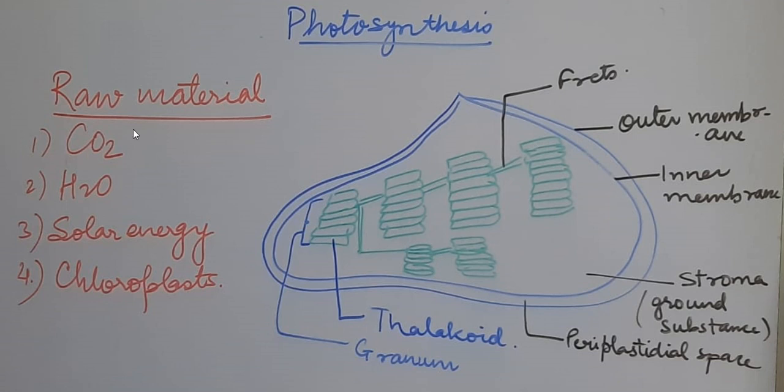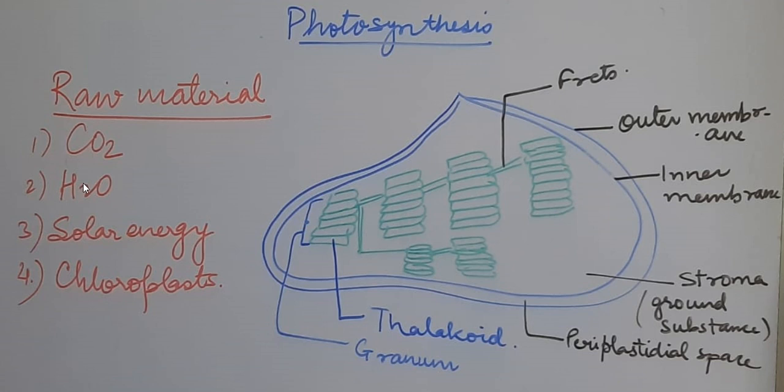From the atmosphere, and through stomata. In the next part, we are going to see the mechanism and structure of stomata. I have already discussed it with you in the previous video. Here this carbon dioxide comes in through the stomata. Stomata open and close depending upon the plant's need for carbon dioxide.